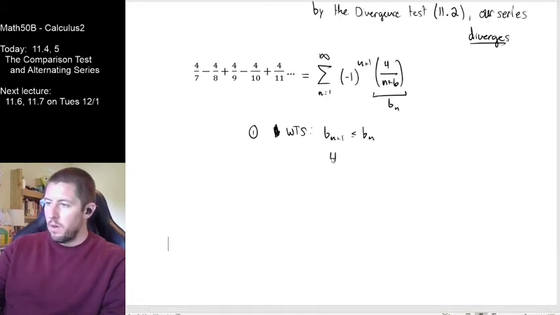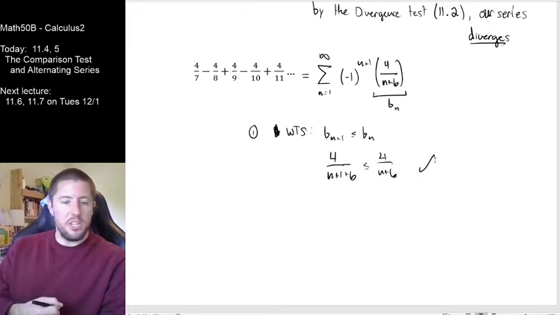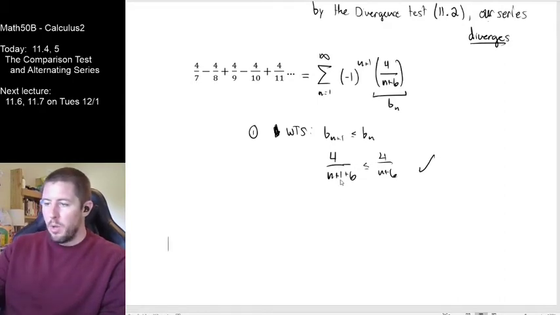We've got 4 over n plus 1 plus 6 is less than or equal to 4 over n plus 6. And I think I can just give that the check mark right there. The denominator is always going to be 1 larger for the next term than before. And so we're always going to have a slightly smaller term than we had the time before, right? So hopefully that direct comparison right there we're good with.